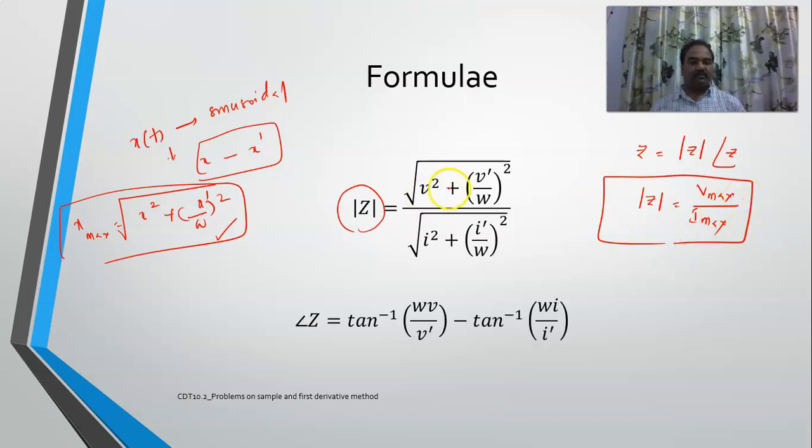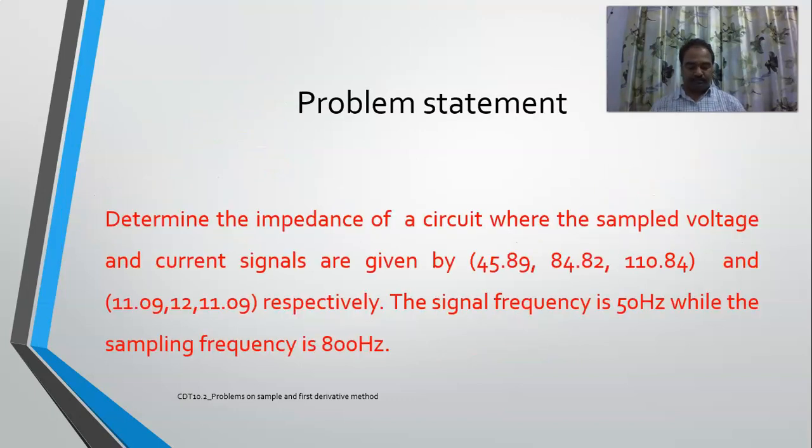Vmax is equal to the square root of V square plus (V dash by omega) whole square, and Imax is equal to the square root of I square plus (I dash by omega) whole square. So this is the way we determine the magnitude of impedance, and the phase angle of impedance is determined using this particular formula. This we have seen in the last lecture. Now we'll try to solve some problems on this.